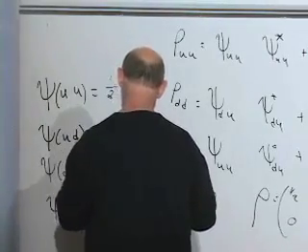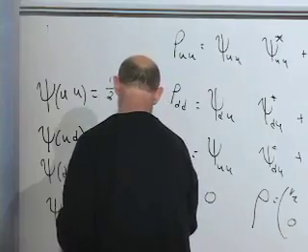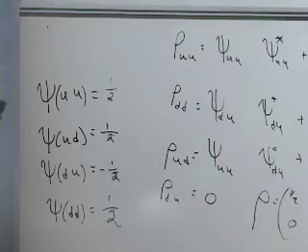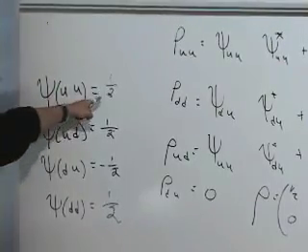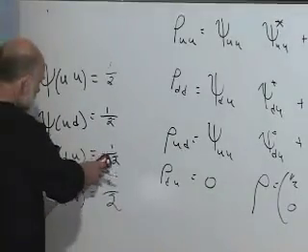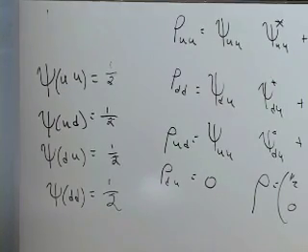Yeah, sure I do. 1/2 and 1/2. Now it's normalized, right? I have four terms, so psi star psi would give a quarter plus a quarter plus a quarter plus a quarter, no minus, plus, would give 1. So this is a normalized state with all entries equal to 1/2.